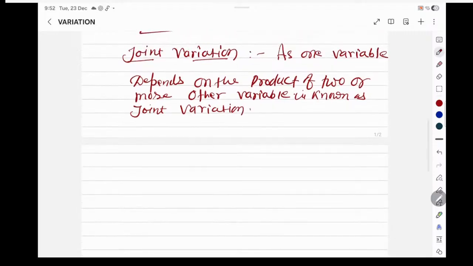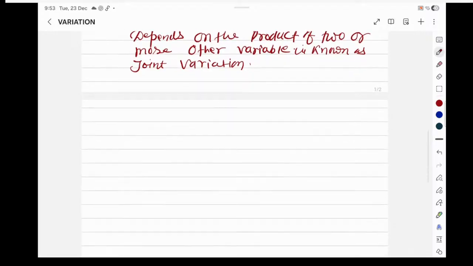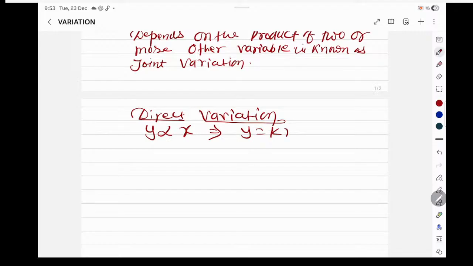Here we discuss direct variation again. Direct variation means y is directly proportional to x. This means y is equal to kx.